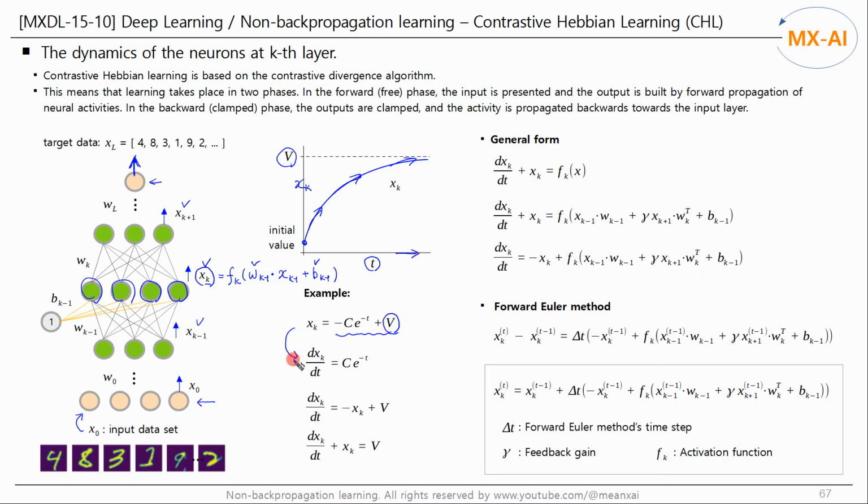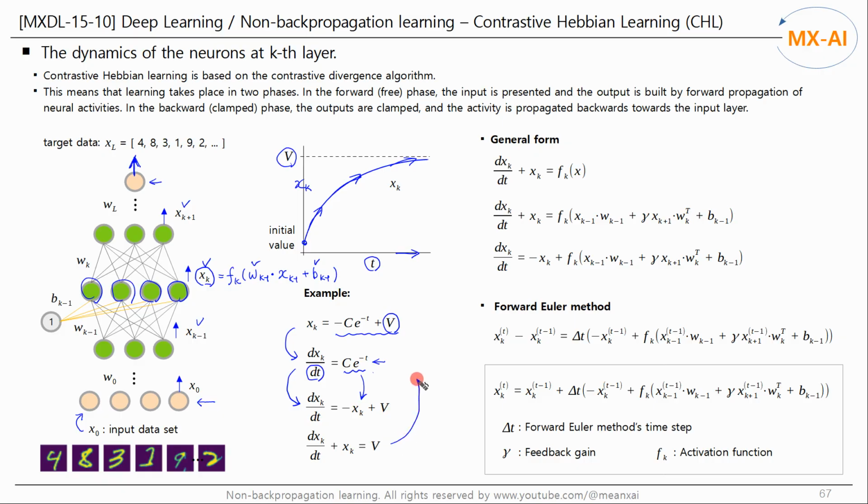Differentiating both sides of this equation with respect to t gives us the following expression. Since the right side of this equation is minus xk plus v, this equation can be written as follows. This is a differential equation for the function xk of t.